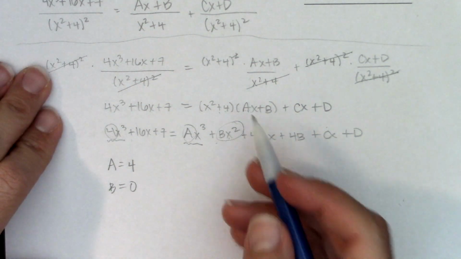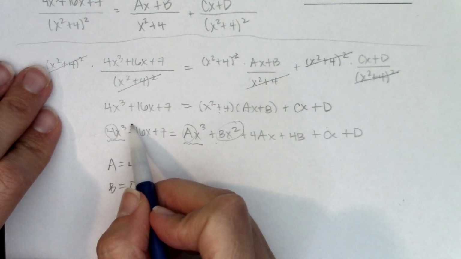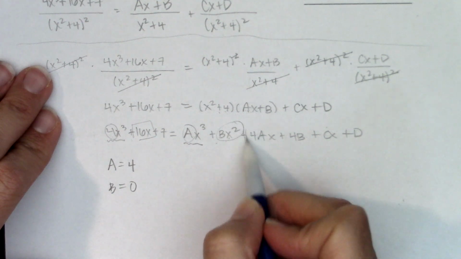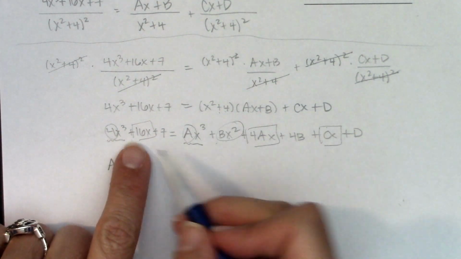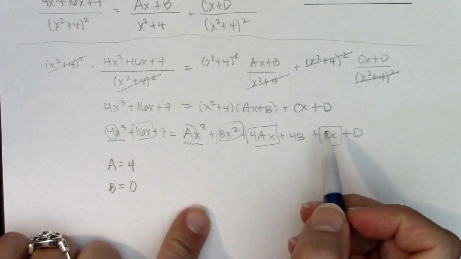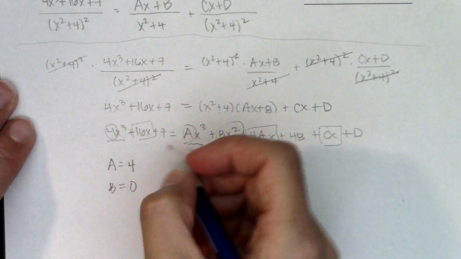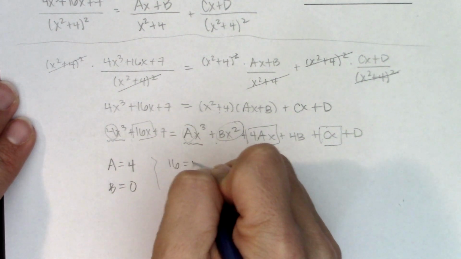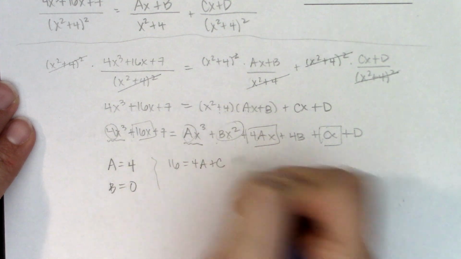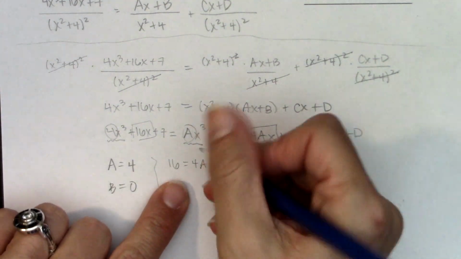All right, let's see about 16x. So here's my linears, 16x, and then I've got a 4ax, and I've got a cx. So 16 has to equal 4a plus c. So let me go ahead and write that out, right? So I'll put a little separation. 16 has to equal 4a plus c. Okay, great. But we already know a.